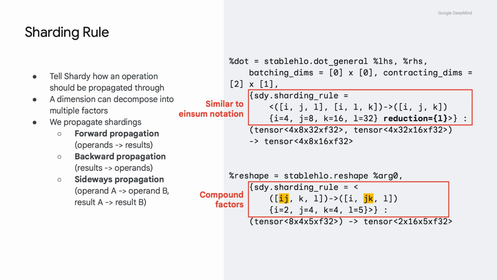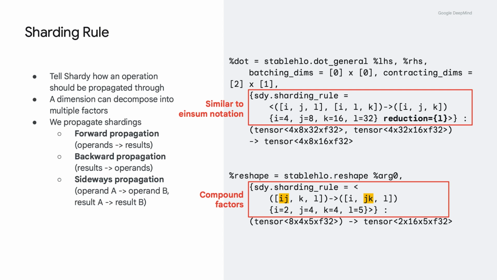More complicated is the reshape, where we also define compound factors. In this example, we reshape the tensor from 8x4 to 2x16, and it has shape merging and shape splitting. We define the compound factors to visualize this process.